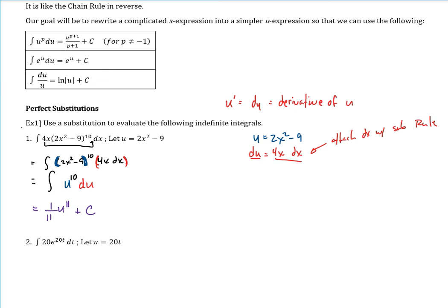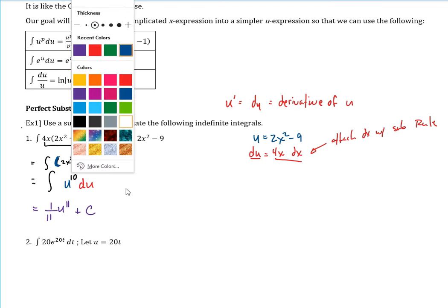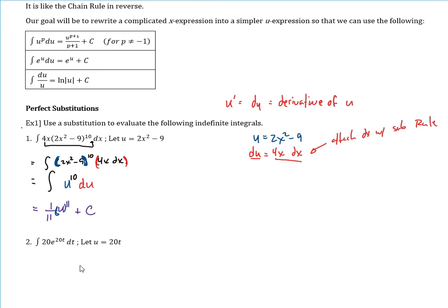We're almost there, but our next step, near the end, is to rewrite our u expression into the original variable that we started with. So I'm going to sub this back in for u. This becomes 1/11, and in blue, 2x squared minus 9 raised to the 11th, plus our constant c.